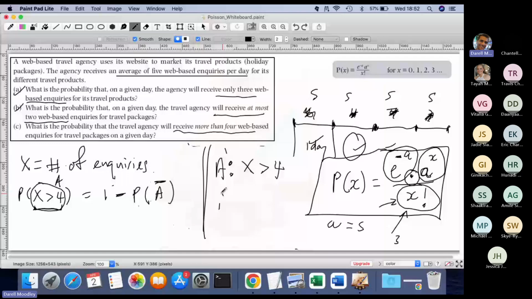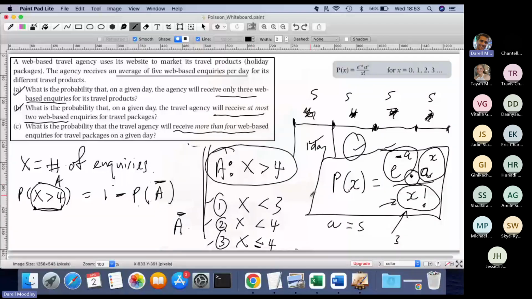Is it option 2, x less than 4? Or is it option 3, x less than or equal to 4? Which of these options do you think it is? What I'm asking is, which of these is the complement of this? Which is the opposite of this? Which one do you think it is?